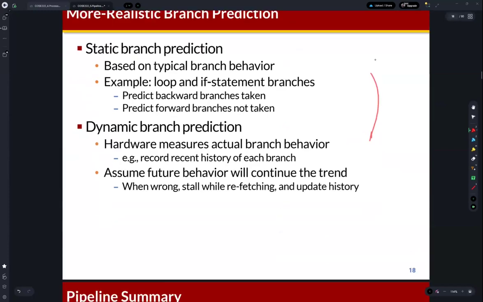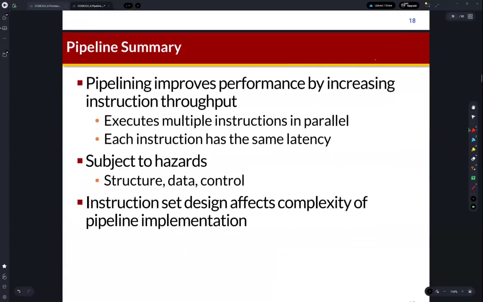Okay, pipelining summary. Pipelines can improve the performance by increasing instruction throughput. This is instruction-level parallelism. We can execute multiple instructions in parallel, as the CPU assigns multiple instructions to different steps or stages.